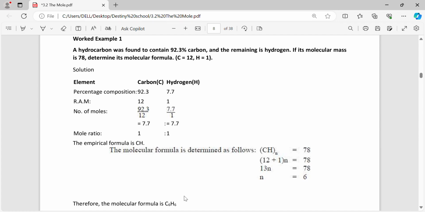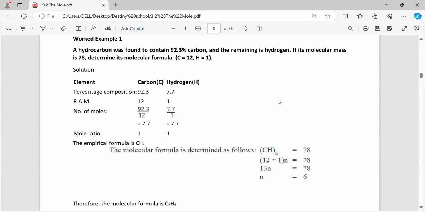The answer is here at the bottom. It is a small exercise to see if you are good at it.